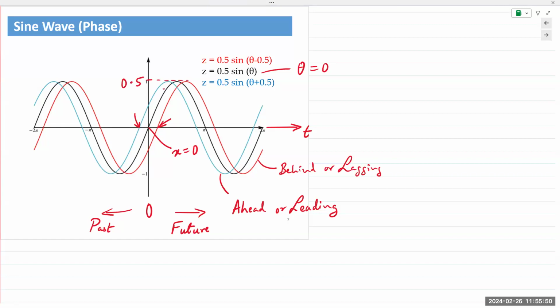No one has actually noticed this in the last few years. It's 0.5. All right, any questions regarding phase?